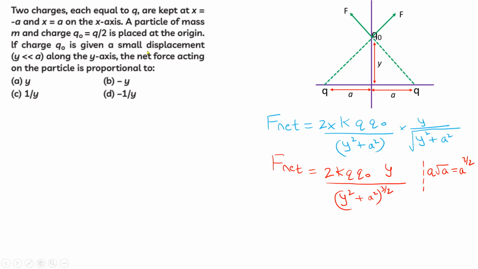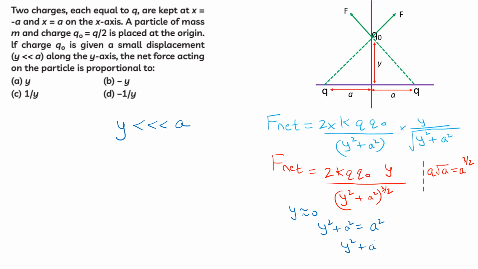Now we use that assumption that the value of y is extremely small as compared to a. So now notice in this particular expression, since y is very small, you might as well take y as approximately 0, which means the y square plus a square will become just a square.